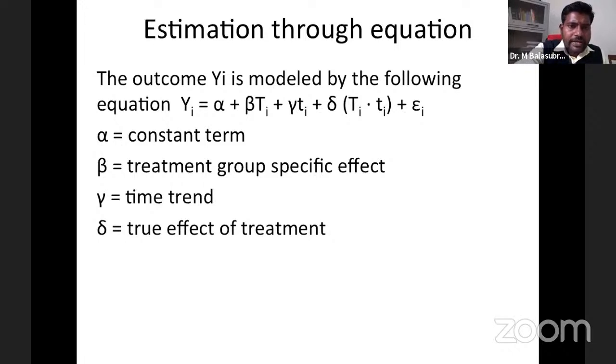See here, the capital Yi is nothing but the outcome of the sample. The alpha denotes the constant term. The beta denotes the treatment group specific effect. This is what I said in your earlier equation, to account for the average permanent difference between treatment and control.